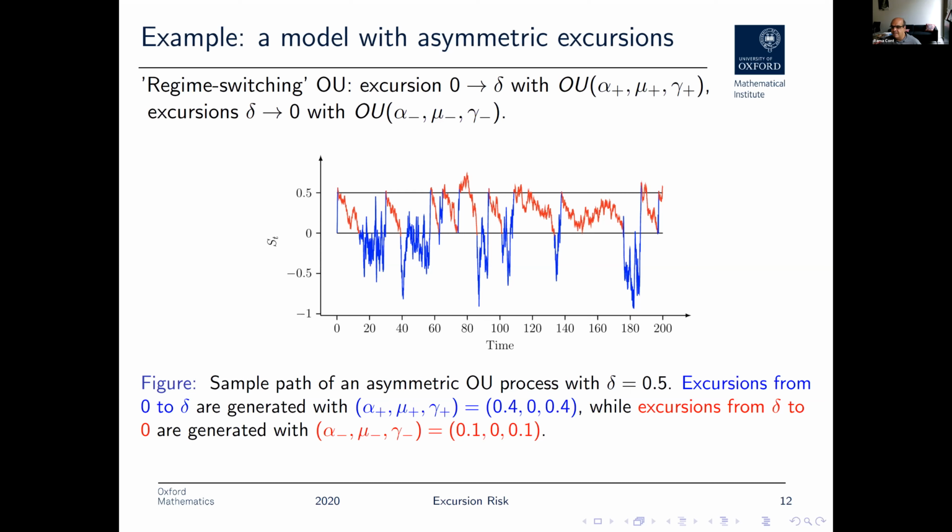So some of you may be familiar with a process which was constructed first by Ito and McKean and studied by Walsh. It's called Skew Brownian motion. So Skew Brownian motion may be considered as a special case of this construction with delta equals 0. So here you have delta, so you switch when you reach delta.